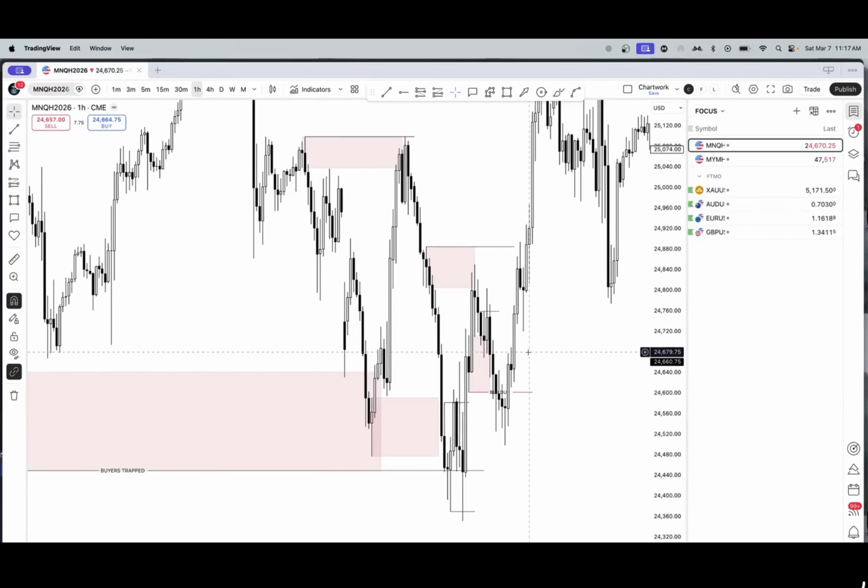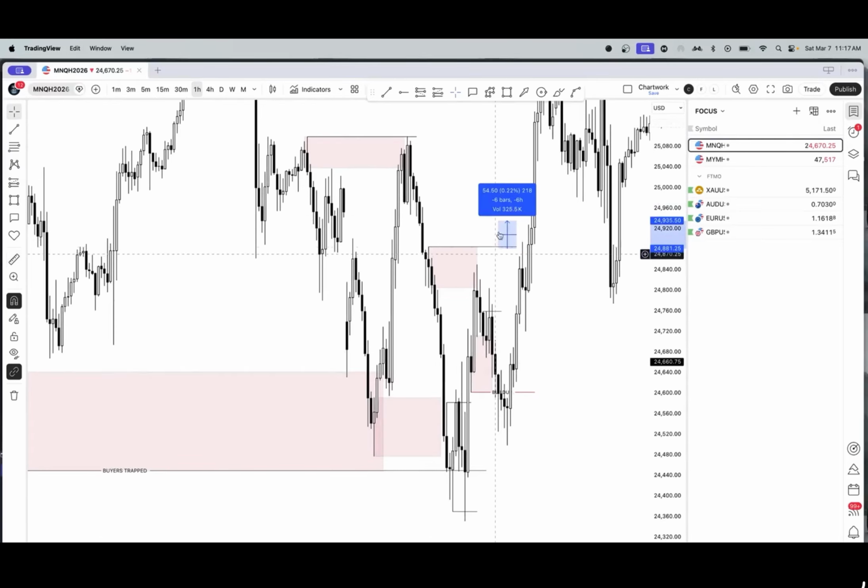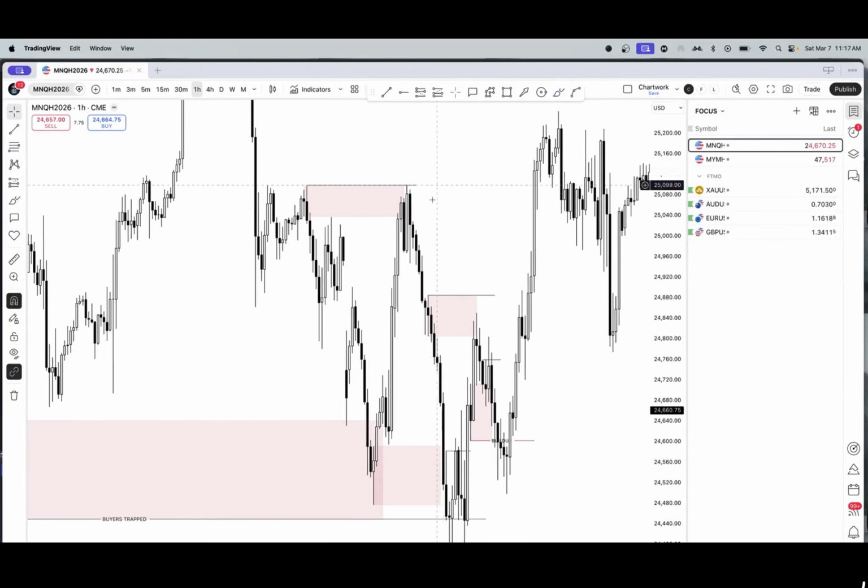So inducement high gets taken. Why was this an inducement high? It was the area from here to here where price induced sellers from. Now, we're not going to negate the fact that we still have this high that price could react off of.